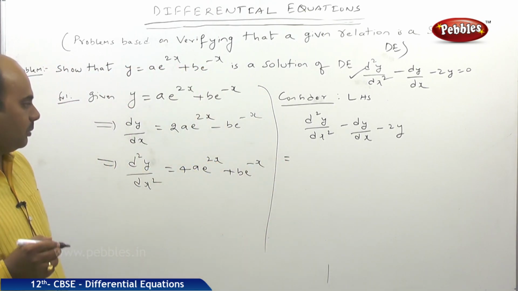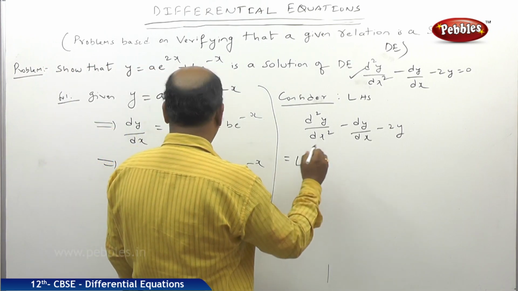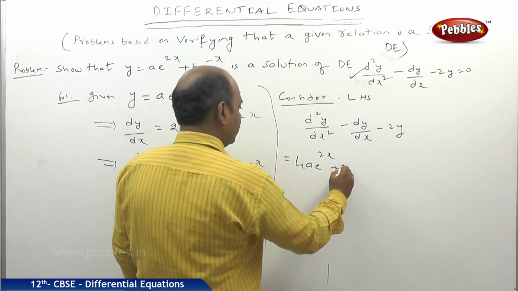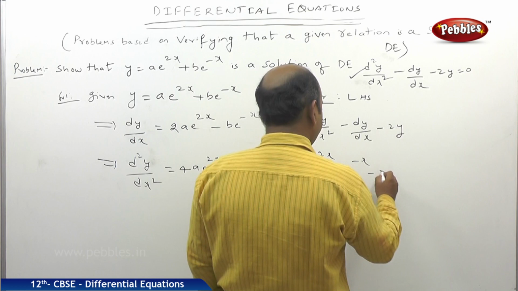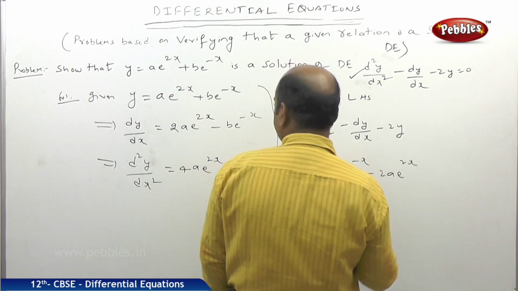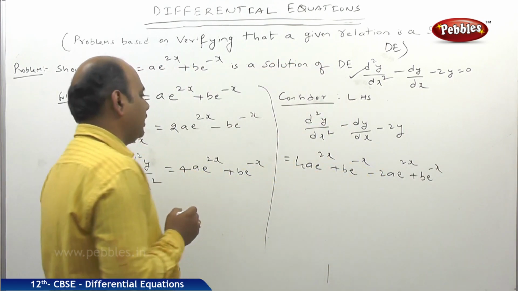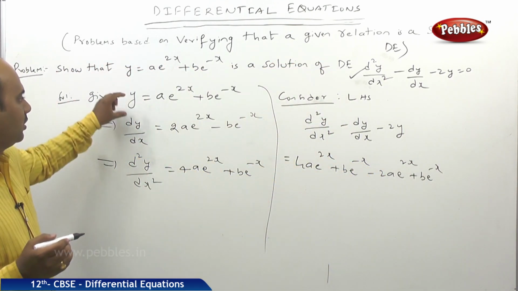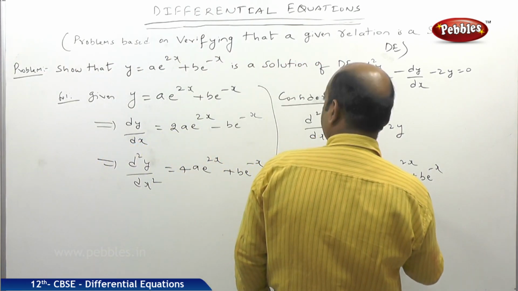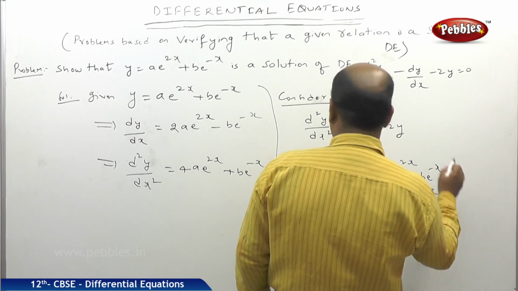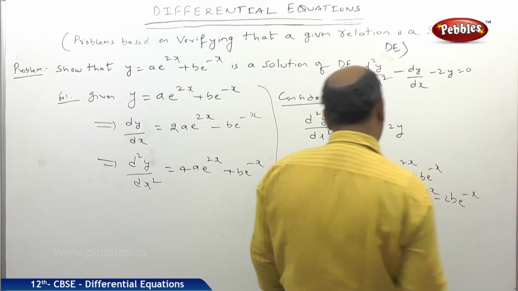So here for d square y by dx square I need to substitute this particular thing: 4a e power 2x plus b e power minus x, and for dy by dx, minus 2a e power 2x plus b e power minus x, and minus 2y, he is telling. Minus 2y means y should be multiplied with 2. So what happens? Minus 2a e power 2x and minus 2b e power minus x.